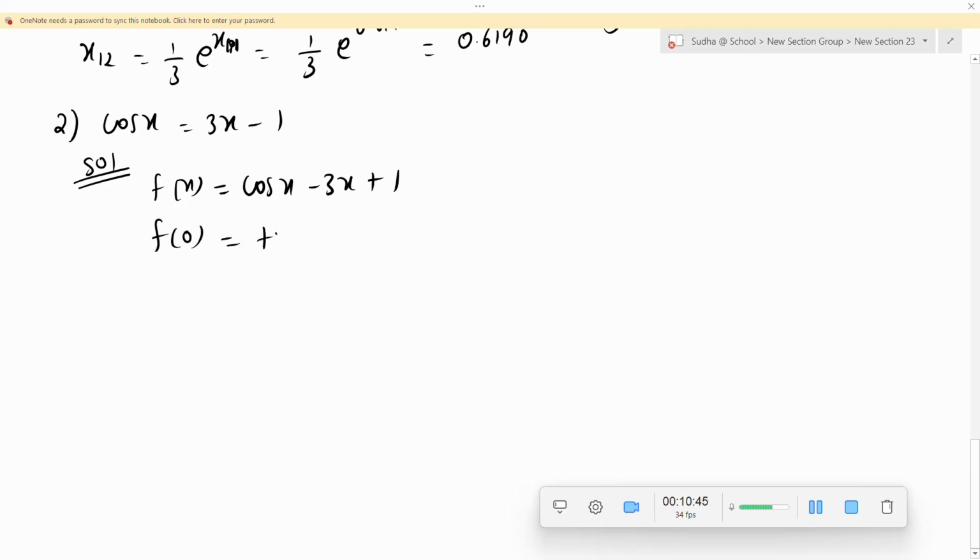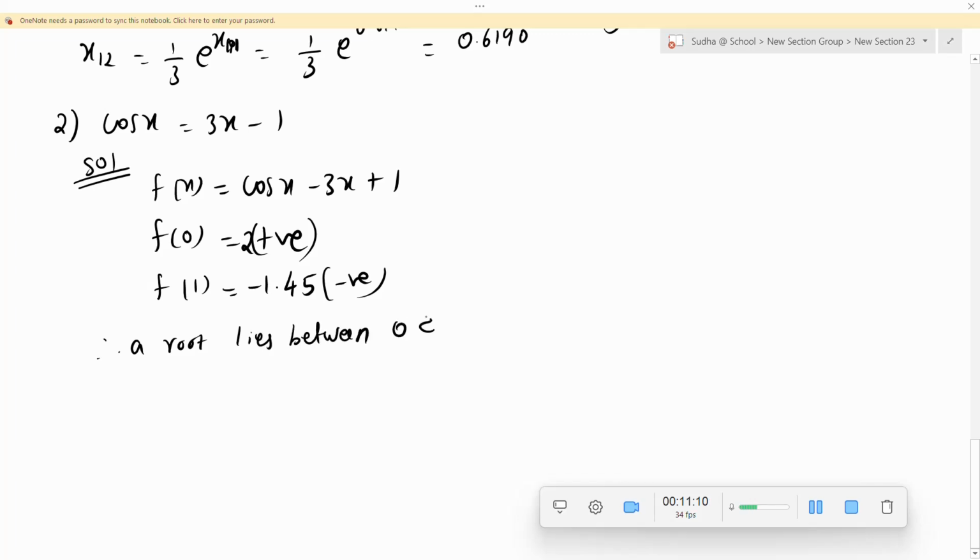If we put x equal to 0, we'll get a positive value, 2. Next we can substitute x equal to 1. Then we'll get a negative value, minus 1.45. So therefore a root lies between 0 and 1.